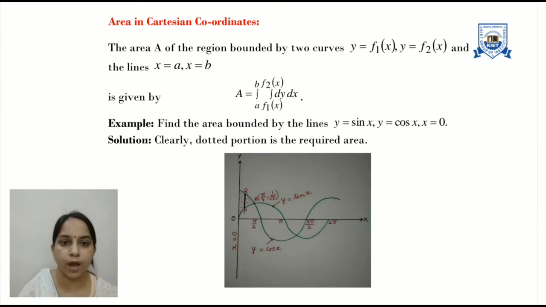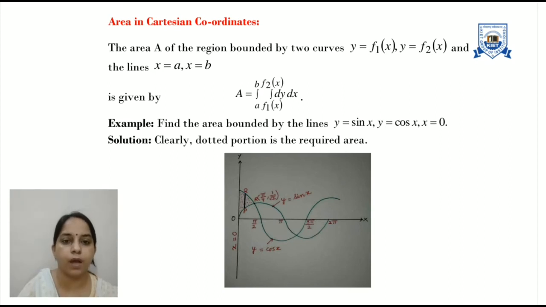Here we have to find the area of the bounded region by the curves y equals f1(x), y equals f2(x) and the lines x equals a and x equals b. So the area of the bounded region is given by A equals double integration dy dx. Limits for y are variable and vary from f1(x) to f2(x), and of x are a to b.